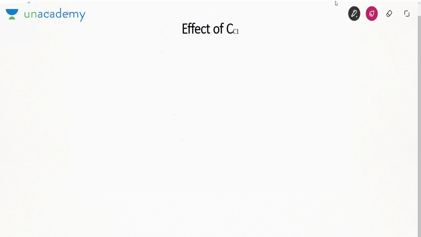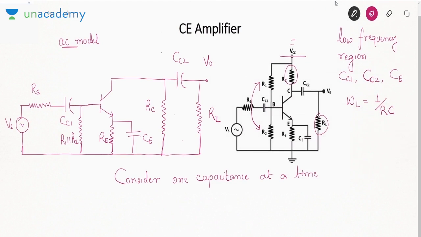So now, for considering the effect of CC1, I'll replace BJT by its small signal model. But remember, when you are considering one capacitance at a time, the other capacitances will be short.